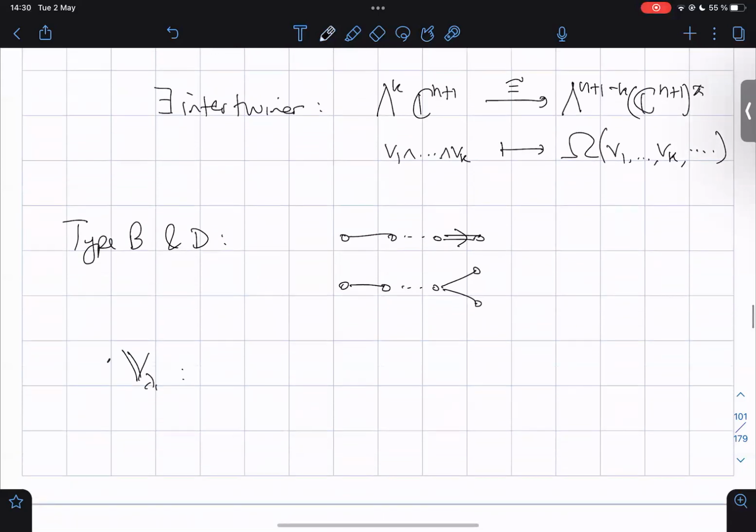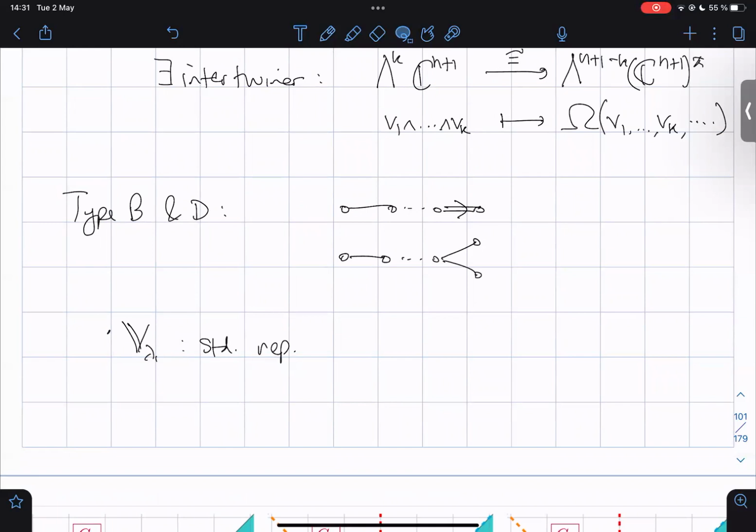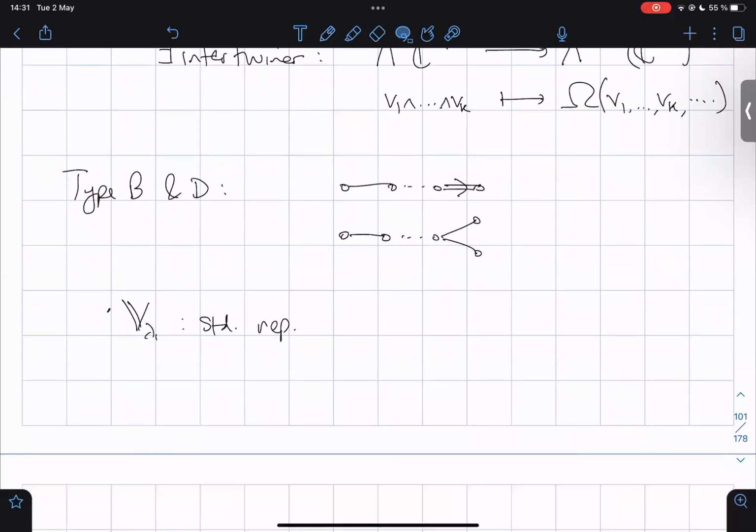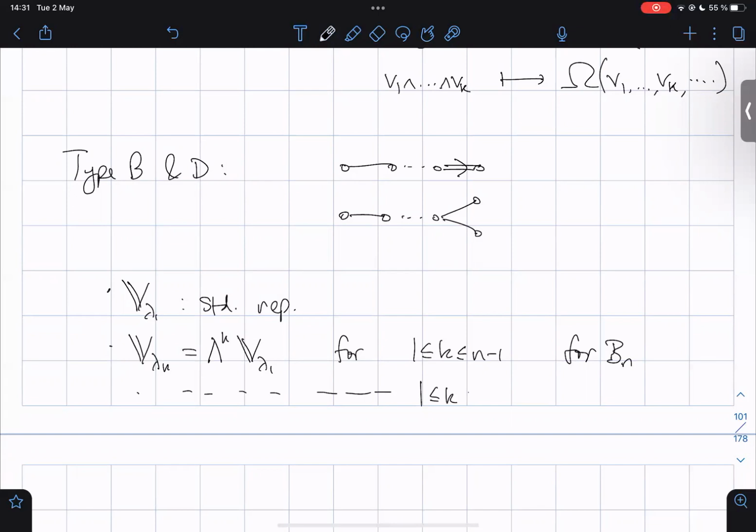So V_{lambda_1} is the standard rep, and V_{lambda_k} is the wedge k of it. This is true for B_n, and it's also true in this case for D_n.